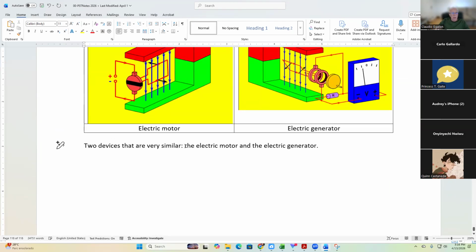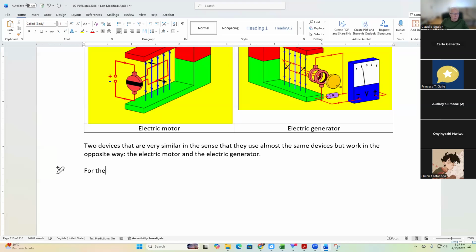Similar in the sense that they use almost the same devices, right? But work in the opposite way. The electric motor and the electric generator.